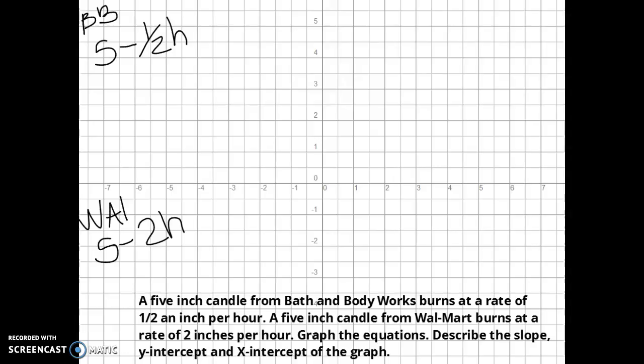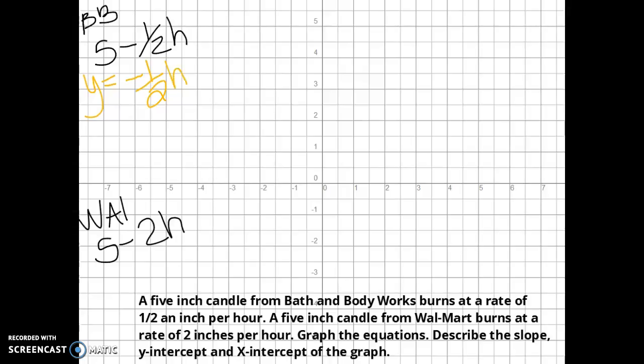But I want to put it in y equals mx plus b form, or slope-intercept form, before I start graphing. Slope-intercept form says that the slope goes first. And in this case, the slope is negative 1/2 h.